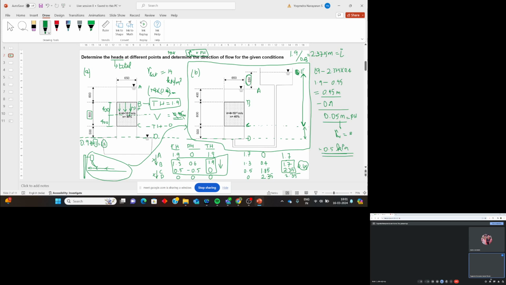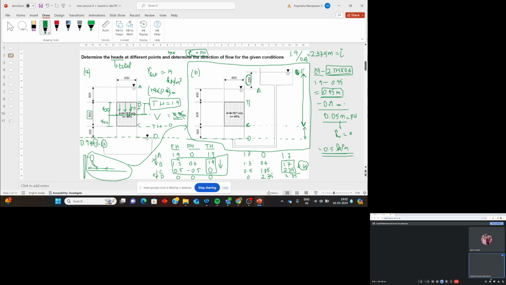Now you have to calculate the total head at this point. The total head is reducing from 1.9 to some value, to 0.95. The head loss is taking place in this direction up to this length, so you multiply this, and subtract the head loss from the total head to get the total head at this point.